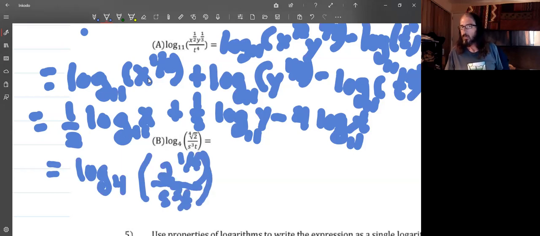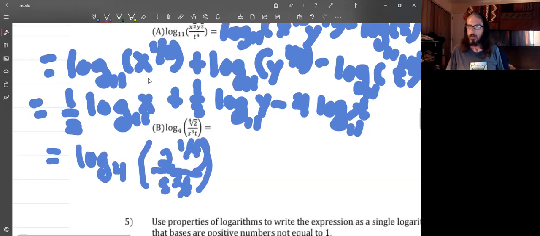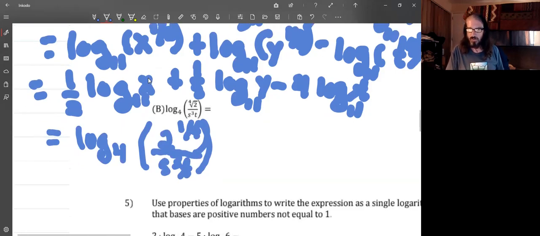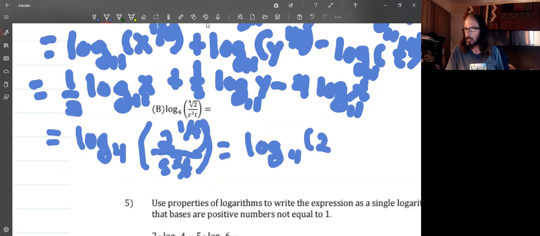When we split up the division, we still have that whole product as part of what's being subtracted. So that's going to be minus the log of s cubed times t in base 4.